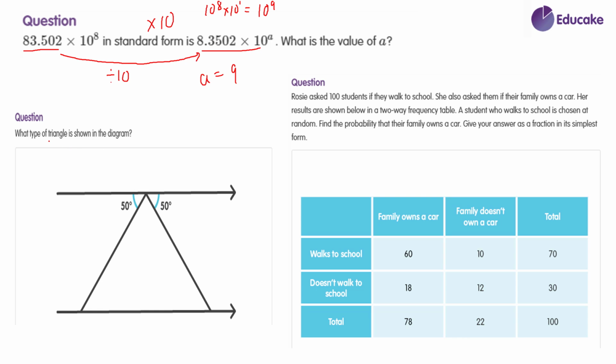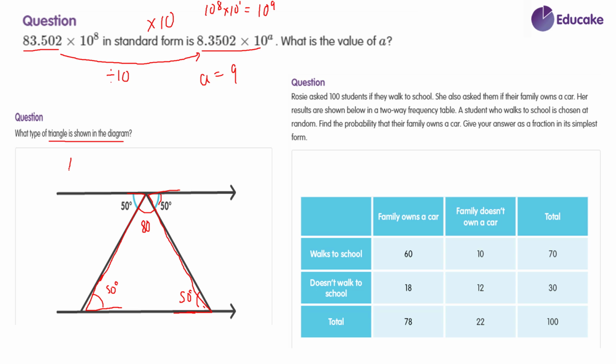What type of triangle is shown in the diagram? Well, okay. If you know this is 50 and that is 50, then you could assume that's 80, because of angles on a straight line. But the key is if you can see this alternate angle here, to prove it, that's 50 because that's the Z, and then you've got that Z here, alternate angle, so that's 50.